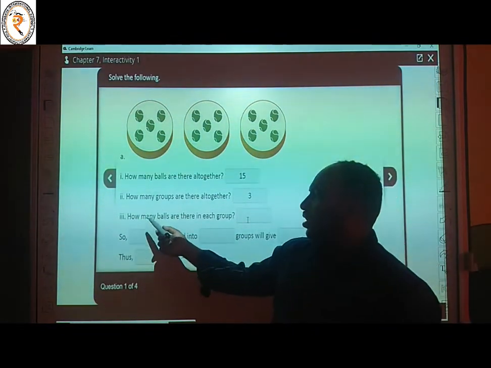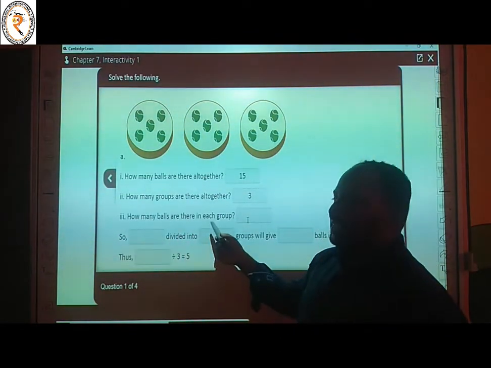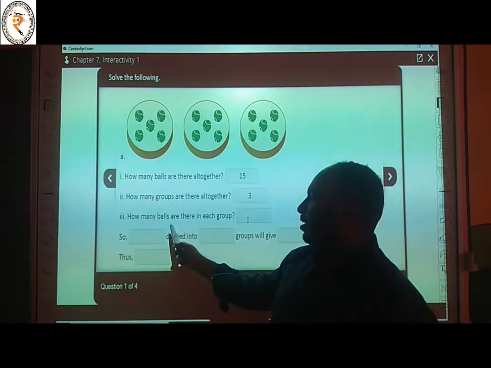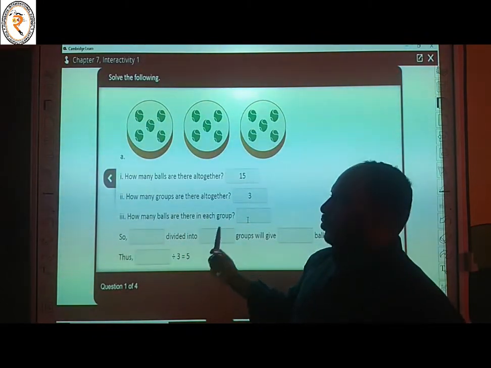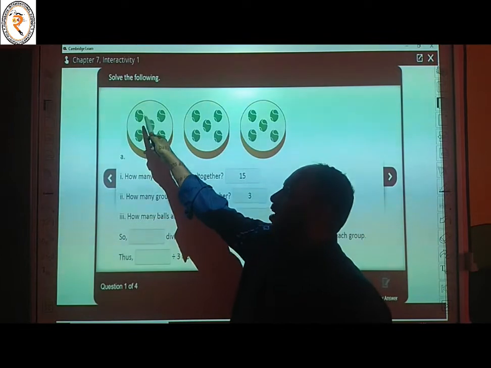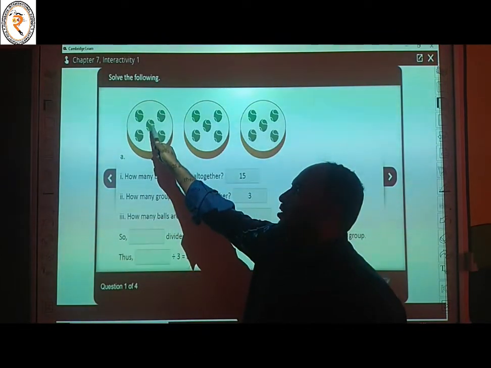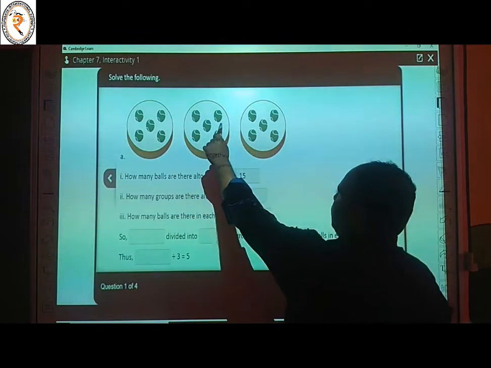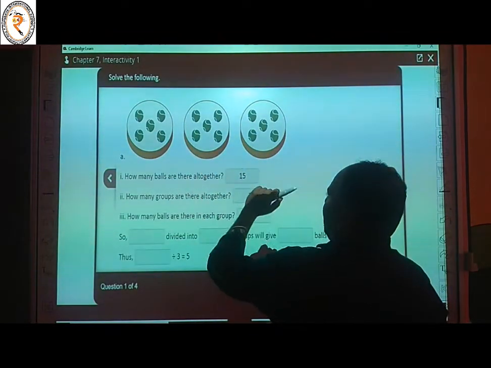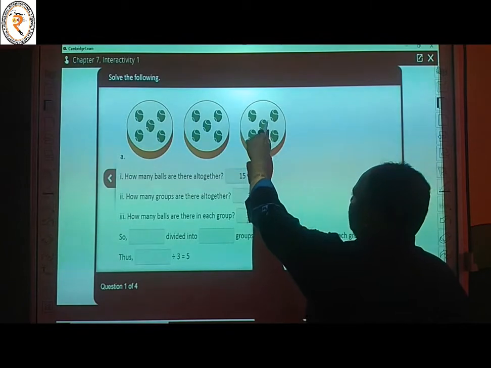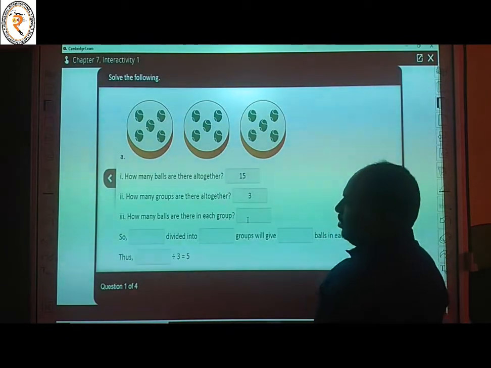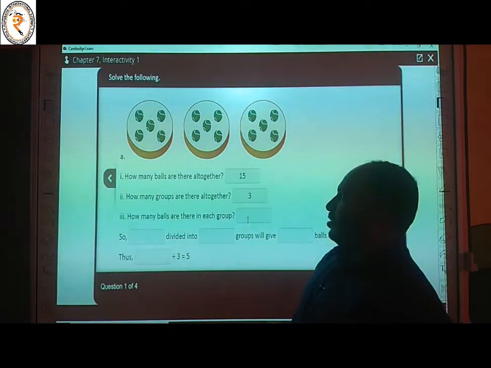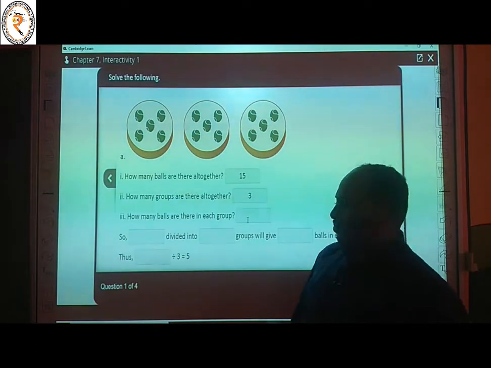And then the third one, how many balls are there in each group? Each group has 1, 2, 3, 4, 5. Here also 5 balls. Each and every group has 5 balls.